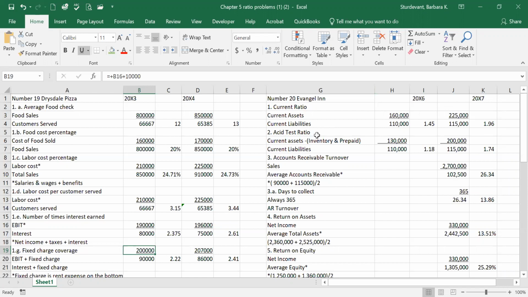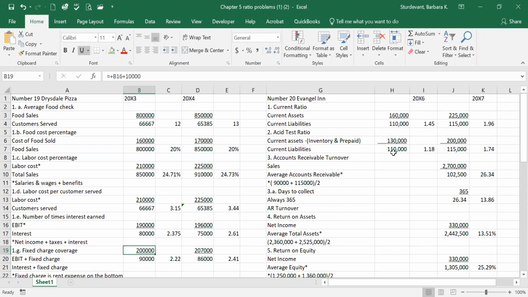Okay, acid test or quick ratio. So basically it starts with the current assets, but it takes off inventory and prepaids. So in this case, all that you should have in there is your cash, your marketable securities, and your accounts receivable. Just don't include inventory and prepaids in that top number. Bottom number stays the same.